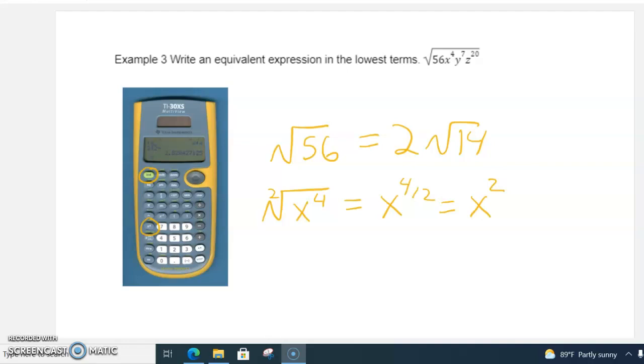Then I'm going to take the square root of y to the 7th. When I do that, I get y to the 7 divided by 2. Now, 7 divided by 2 is 3 remainder 1. So I'm going to get y to the 3rd, and that remainder is going to go back under the radical.